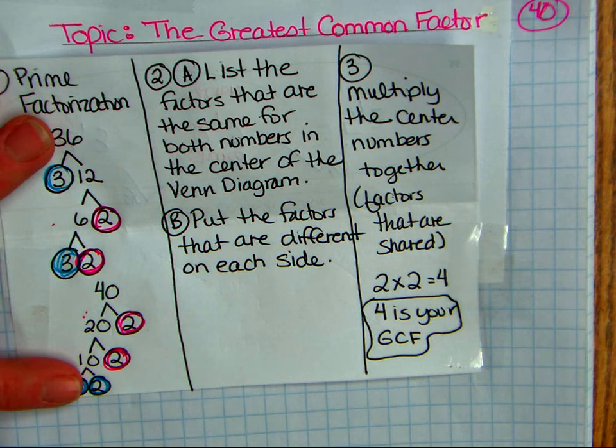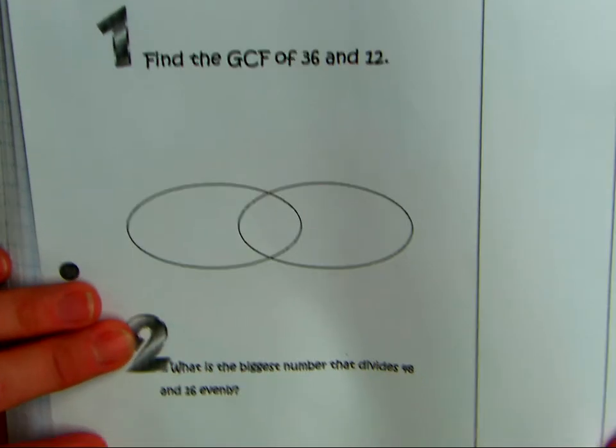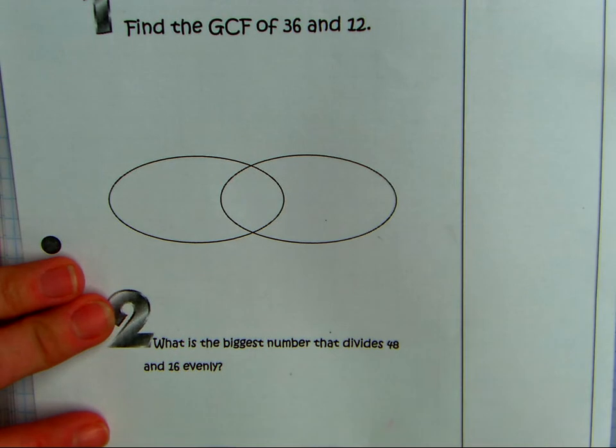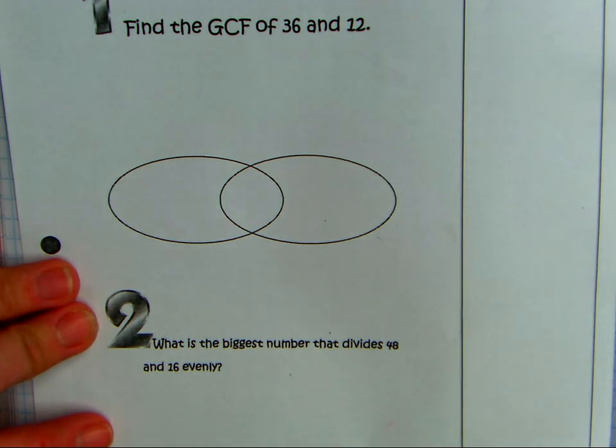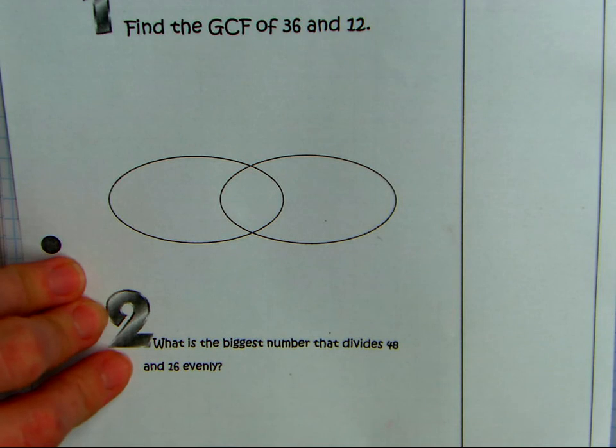All right. So what I want you guys to do now is we're going to go to page 39 and we're going to try doing the first one together. Number 1 on page 39 is you're going to find the GCF, the greatest common factor of 36 and 12. What is our first step? What is the first step that we do using the diagram?